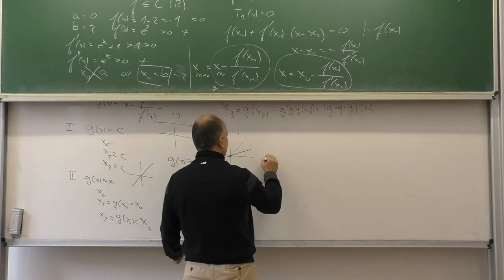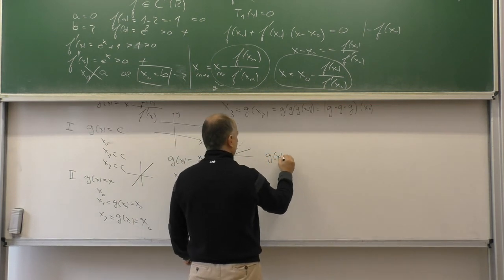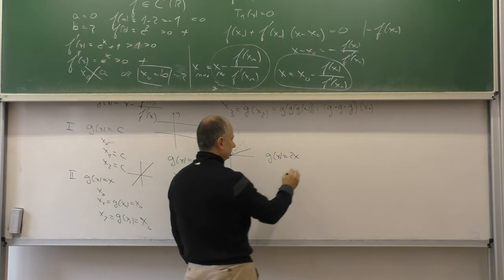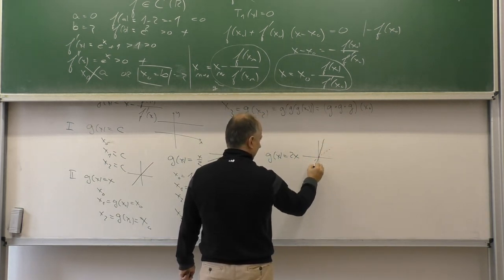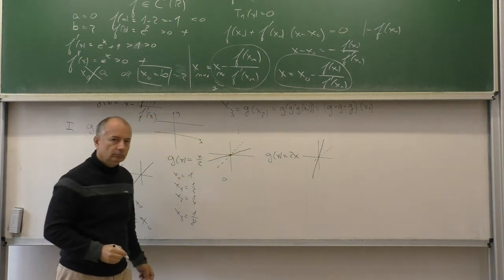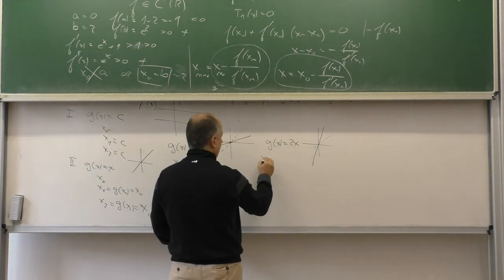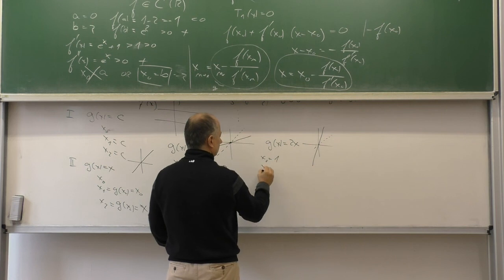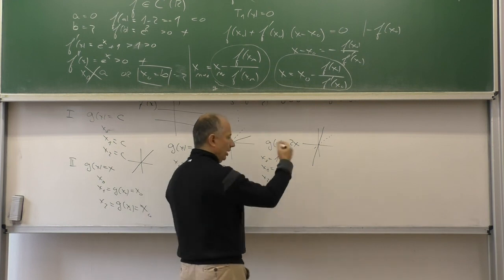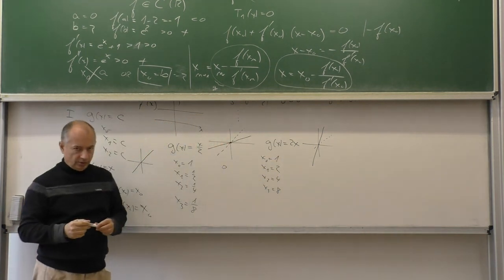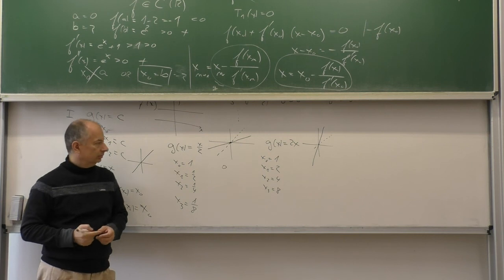If we have, on the other hand, g being 2x, which is a graph like that, then starting with x0 equal to 1, we increase the value in each step. We multiply by 2 in each iteration.